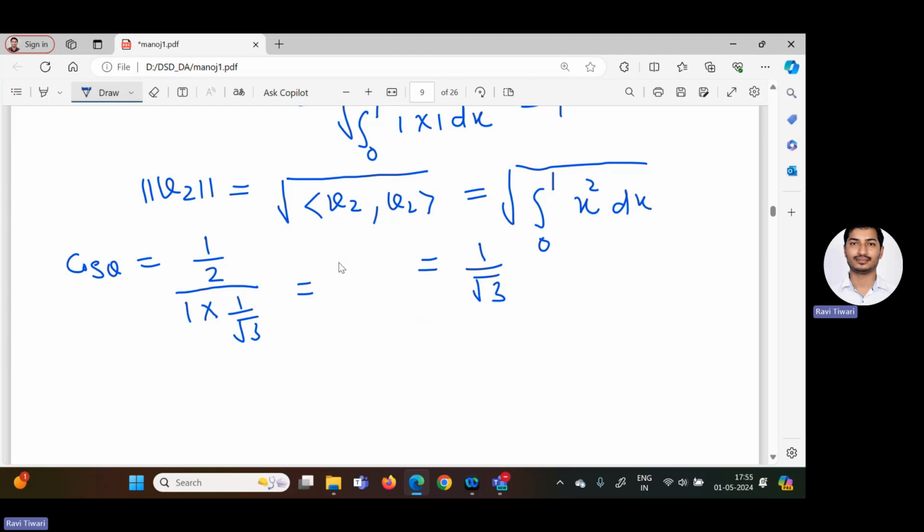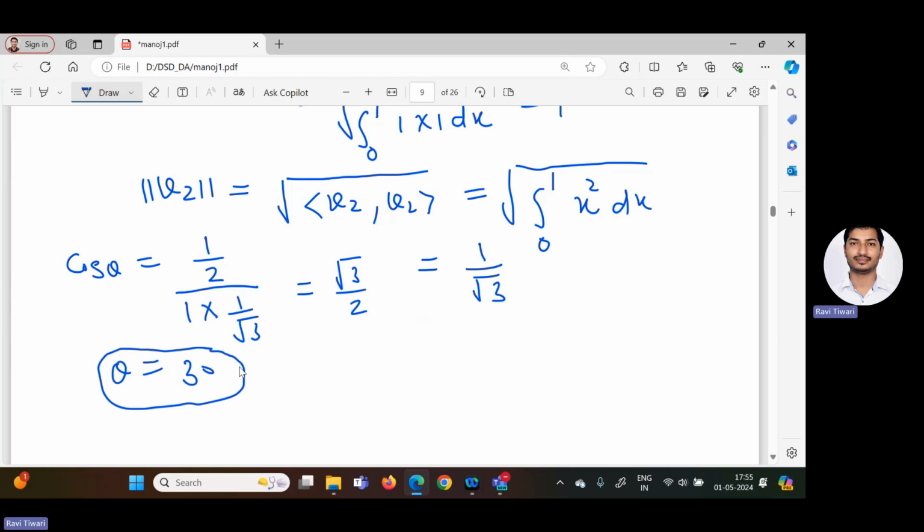So we can finalize, this equals under root 3 by 2. So theta equals, we know that under root 3 by 2 is cos 30 degree. So theta we can get as 30 degree.